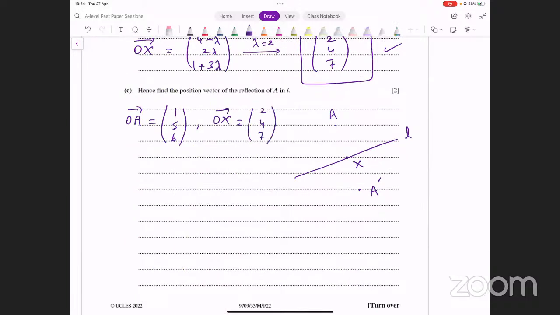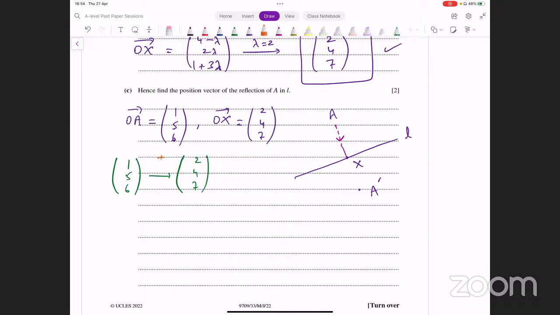One way of thinking about this is कि आप देखें आपको A से X पे जाने के लिए क्या करना है. देखिए ये एक तरह से उसके कोऑर्डिनेट्स भी आप समझ सकते हैं. अगर आप कोऑर्डिनेट्स फॉर्म में लिखें, ये A के कोऑर्डिनेट्स हैं, ये आपके X के कोऑर्डिनेट्स हैं. तो A से X पे जाने के लिए आपको क्या करना पड़ता है? 1, 5, 6, इससे आपको X पे जाने के लिए क्या करना पड़ता है?